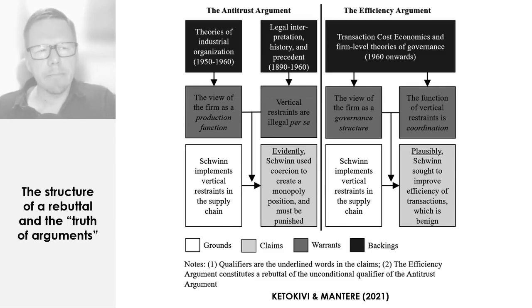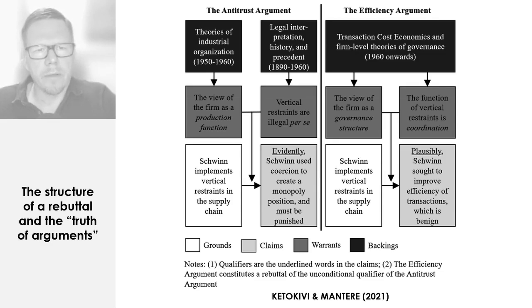The second point I want to make with this example is, let's go back to my fairly provocative statement in the earlier sessions that truth is ultimately inoperational in argument evaluation. This is a good place to make that point. So if I asked you, what is the truth about the Schwinn case, for instance?